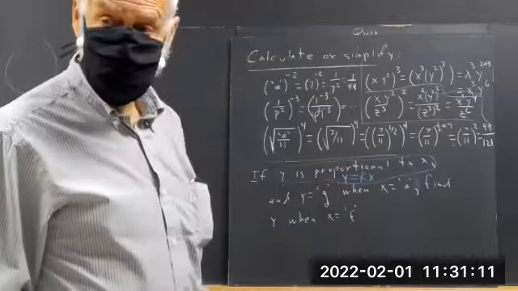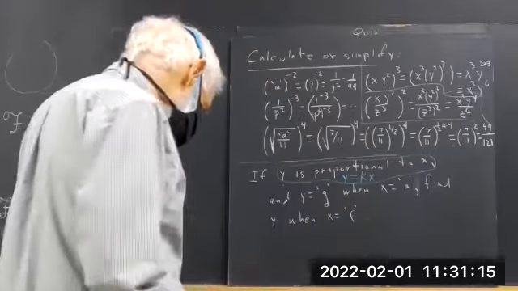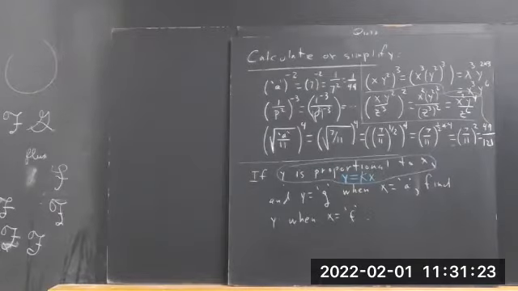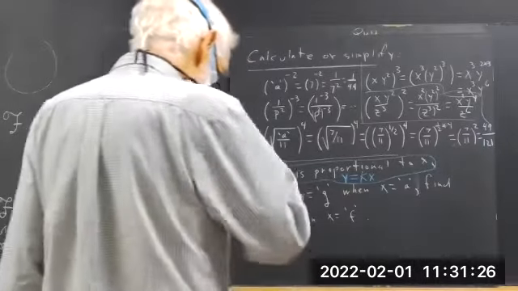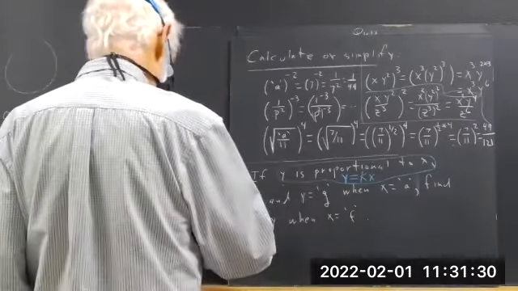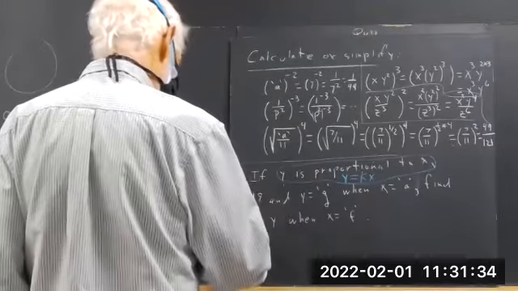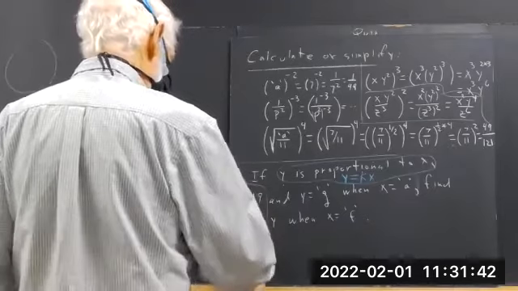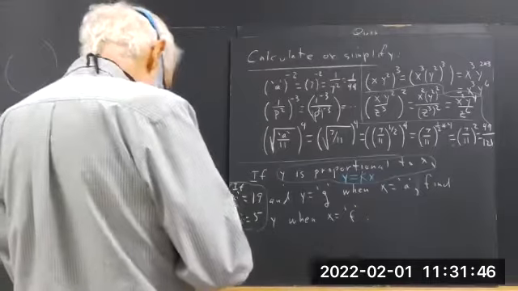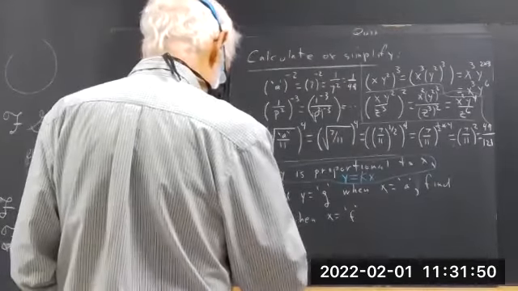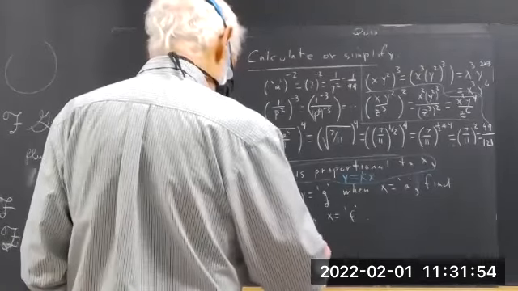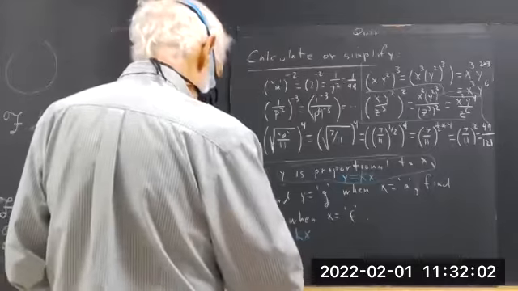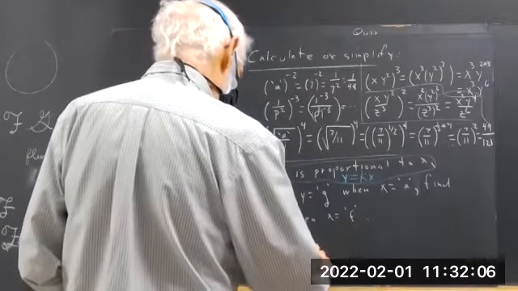So y equals kx. Now, y equals g when x equals a. Let's say that g is 19 and a is 5. If g is 19 and a is 5, then y equals kx becomes 19 equals k times 5.